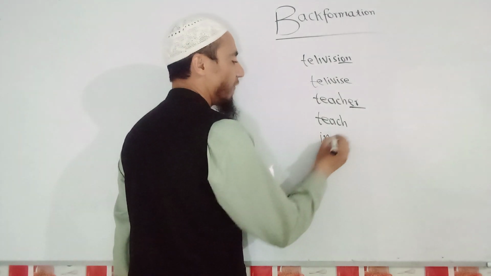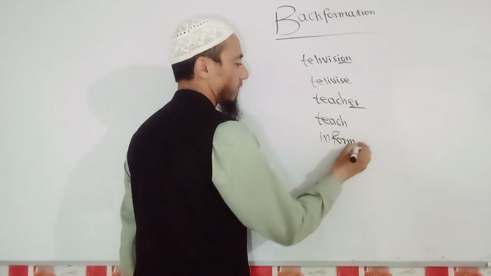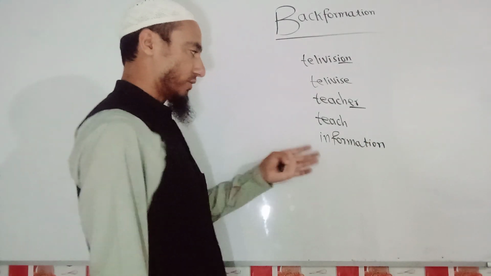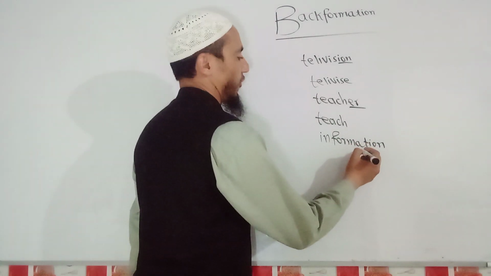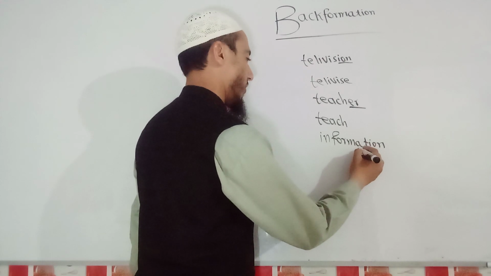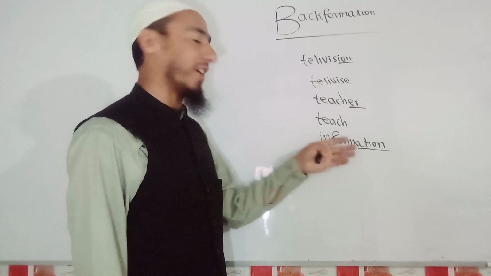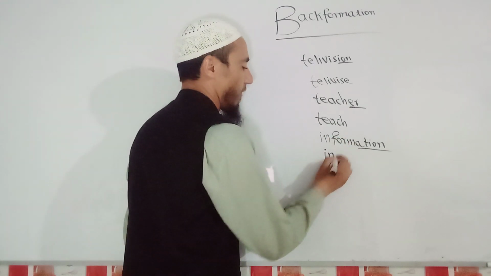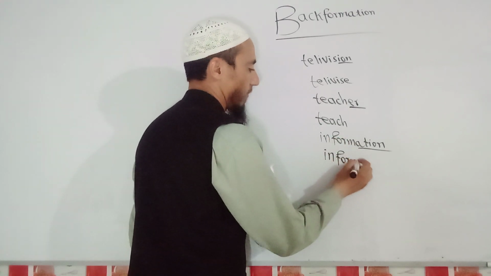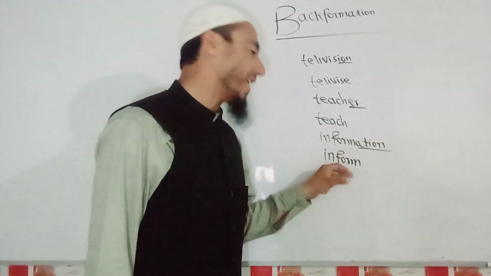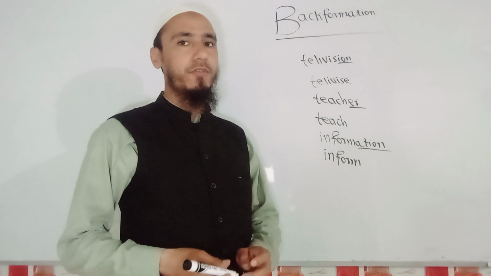Another example is information. Information, we are just removing the suffix, and inform is left. Information is a noun, and inform is a verb.